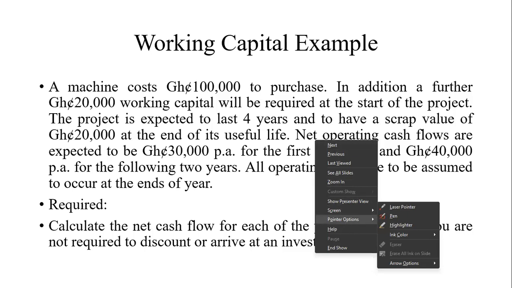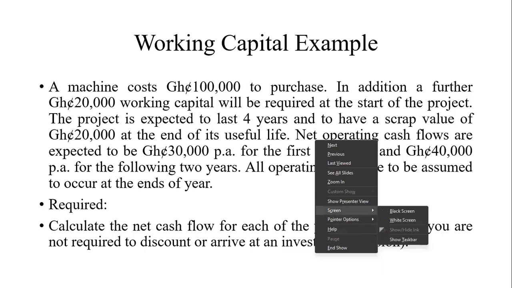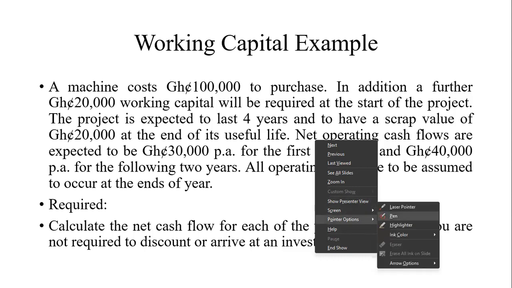So once you have your equipment, you need your raw materials, you need your inventories, which would be turned into finished product by this machine that has been bought. So the machine cost 100,000, and what is required to purchase our inventories, our raw materials, is 20,000. And in most cases, these two funds or cash flows occur within the same period. That is the initial period of the investment.